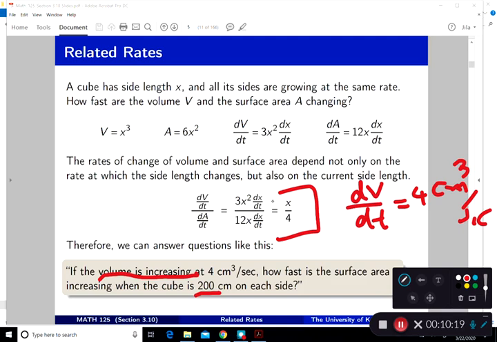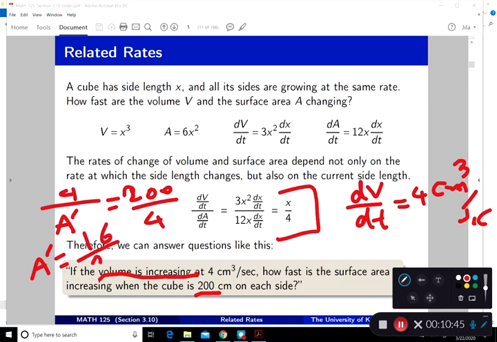So basically I have 4 divided by A prime is equal to 200 divided by 4, and this way I can calculate A prime, which is 16 divided by 200.